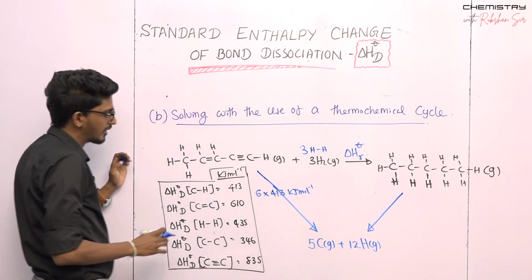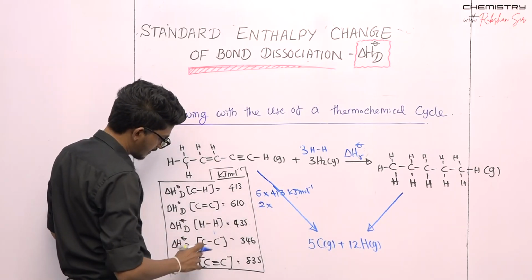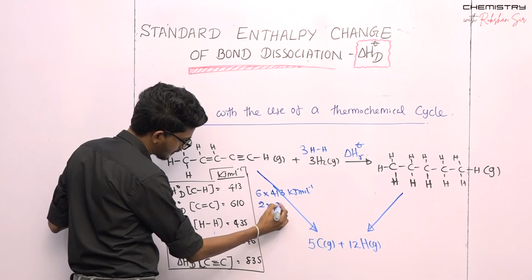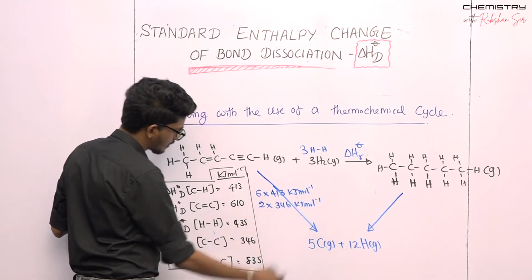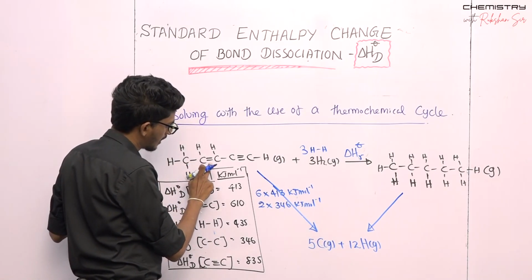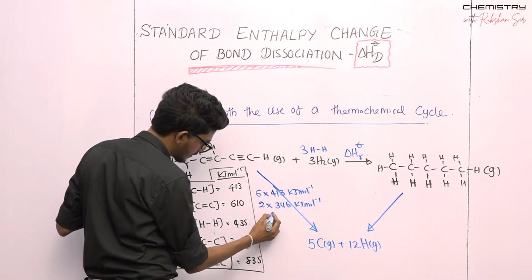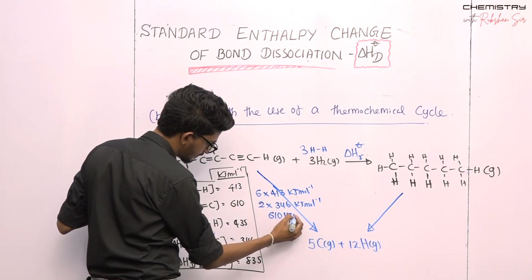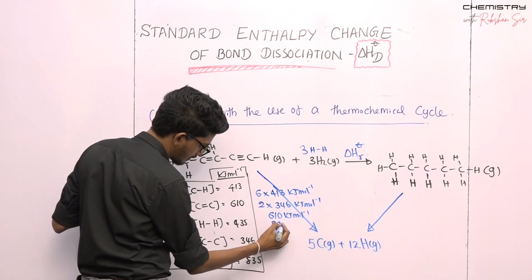And you need to break 1, 2 carbon-carbon single bonds there. So the carbon-carbon bond is 346. What else? 1 carbon double bond and 1 carbon triple bond. The carbon double bond comes up with 610, and the carbon triple bond comes up with 835.